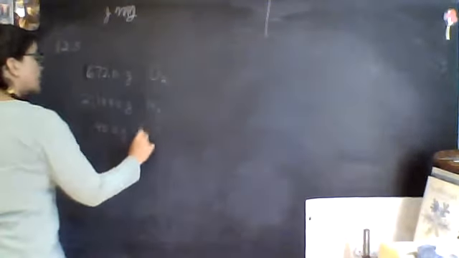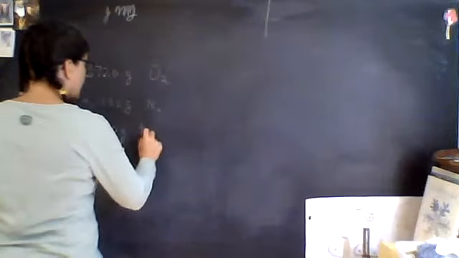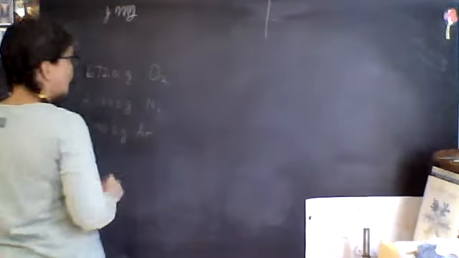What is the chemical symbol for argon? I believe it's Ar. Yes, you're right. Argon is 39.9. We'll get to that in a moment. So keep reading.